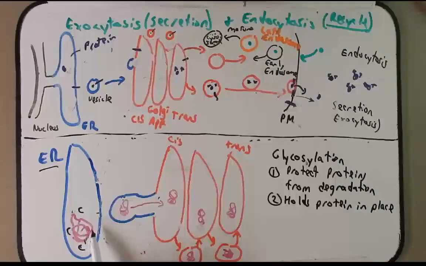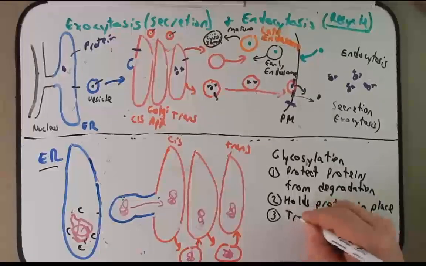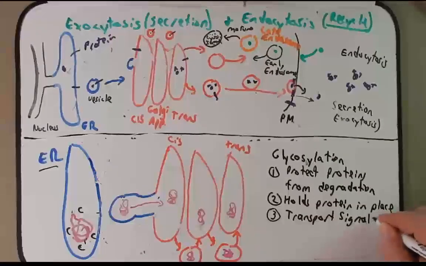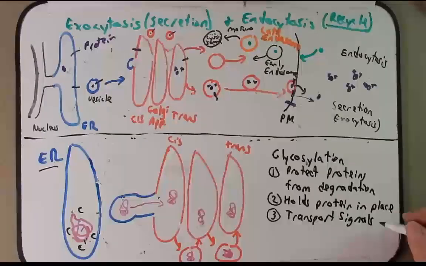And one way it is timed is by the degree of glycosylation that occurs. Earlier steps have fewer sugar groups added onto it. Later steps have more sugars added onto it. They can be transport signals. When they're on the outside of membranes within the cell, they can indicate the proper destination of certain vesicles within the cell.